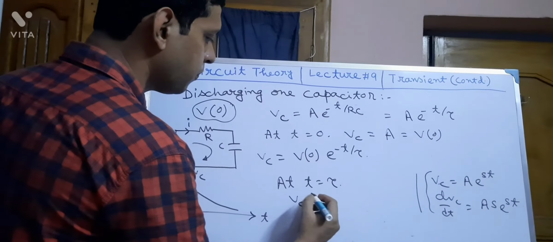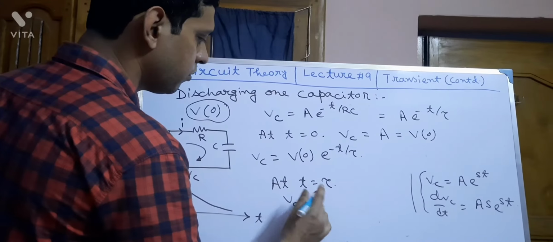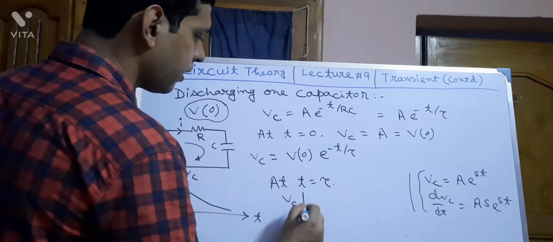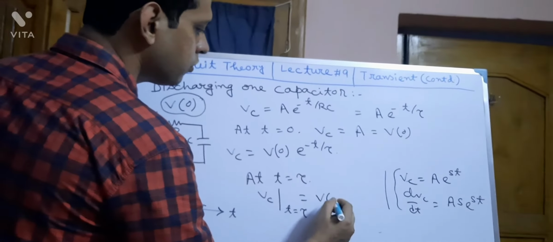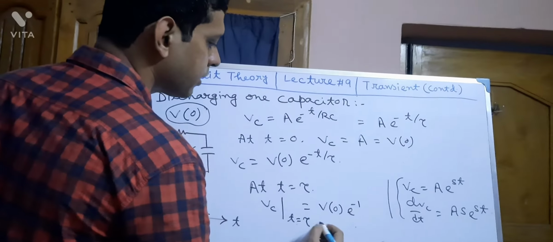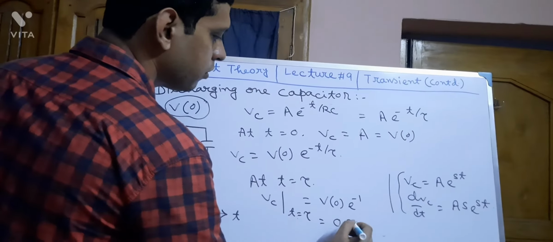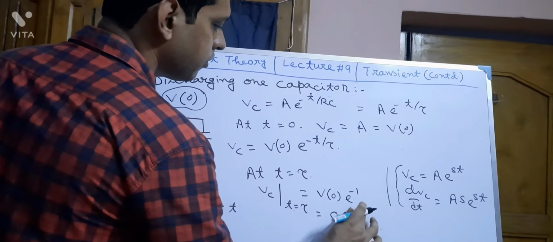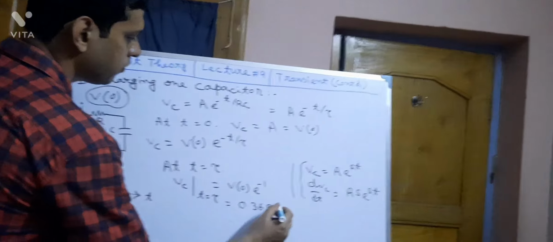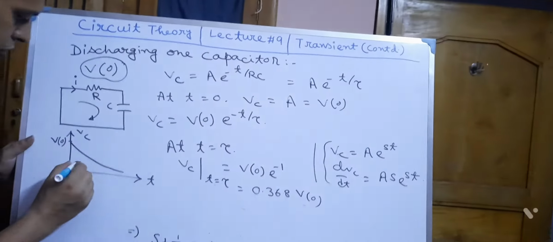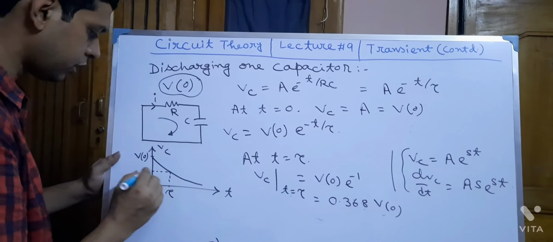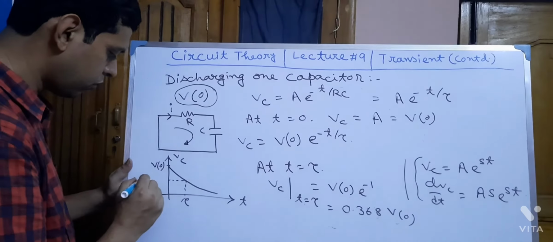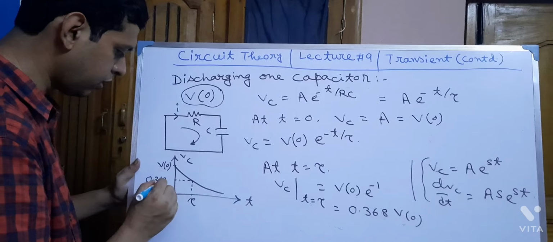Vc at t equal to tau will be V0 e to the power minus 1, which is 0.3679 or 0.368 V0. So at tau, the voltage across the capacitor will be 0.368 V0.